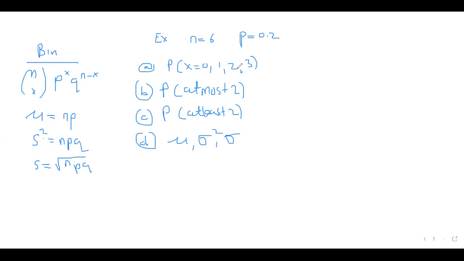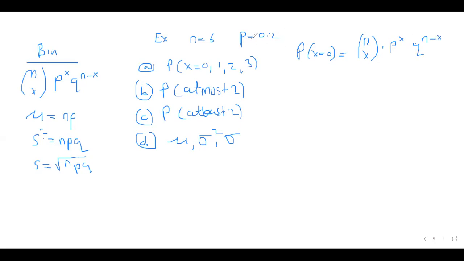So the probability of 0. To find the probability of 0, we use the formula n combination x, so n is 6, times the probability p to the power x times the probability q to the power n minus x.